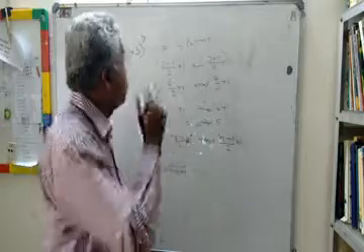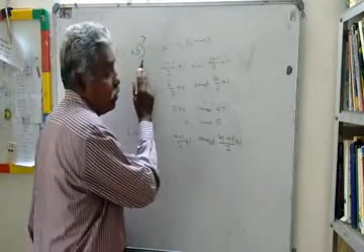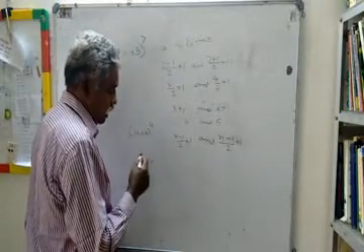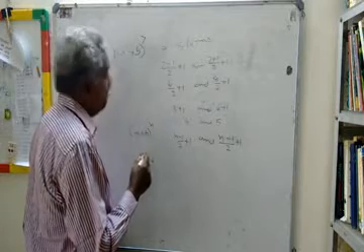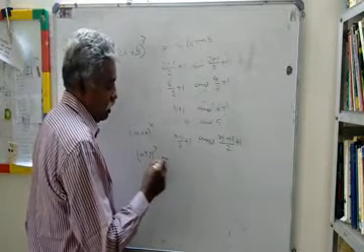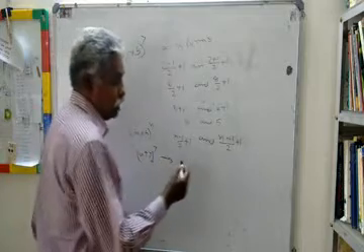Then if we want to write the middle terms of (a + b) raised to 7, it has 2 middle terms.